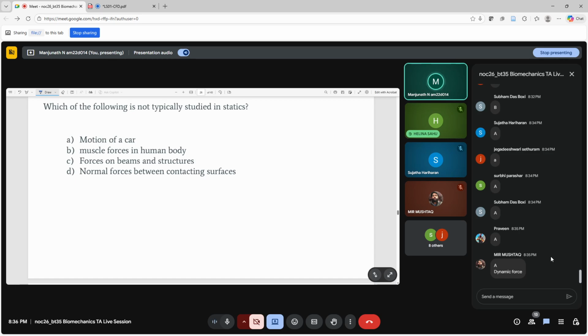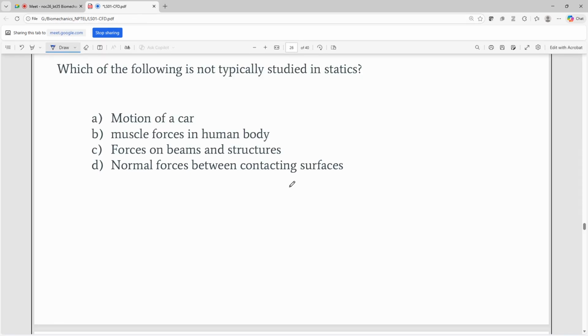So the question is a direct question from branching of classical mechanics. There are different types of mechanics. There are classical mechanics, rigid body mechanics, deformable body mechanics, fluid mechanics, and so on.